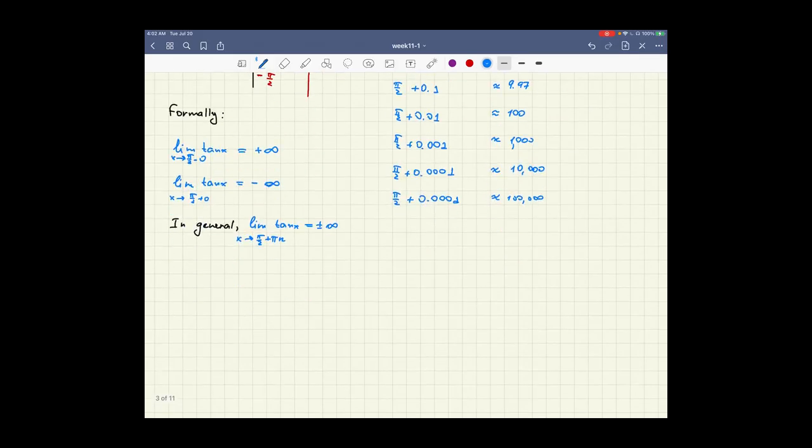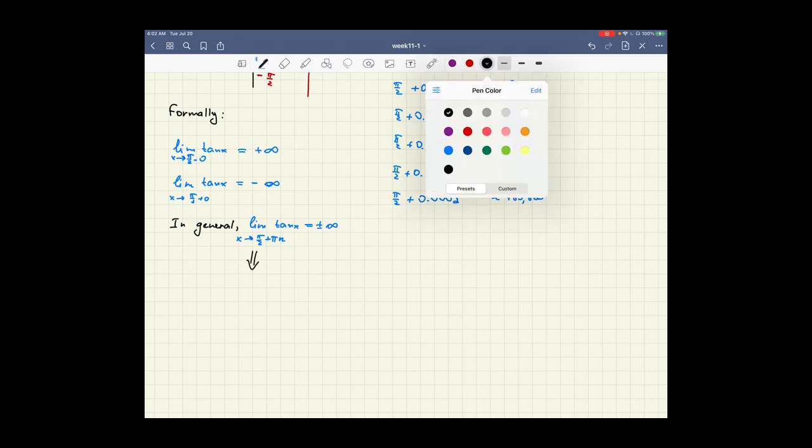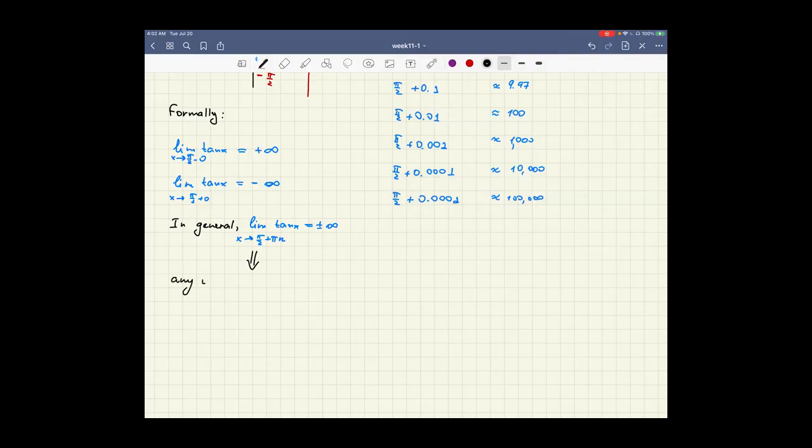And that implies immediately, by definition, that any such vertical line x equals pi over 2 plus pi n, where n is an integer, is a vertical asymptote.